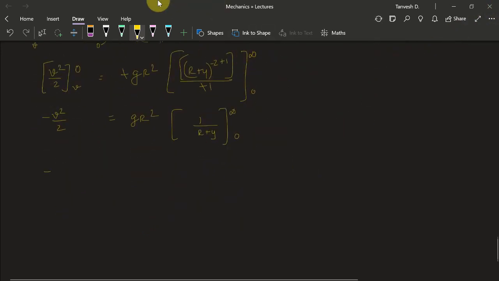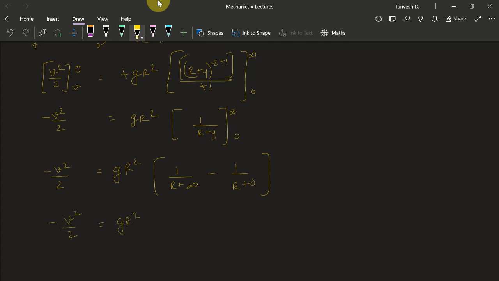So we have minus v square by 2 is equal to g r square, 1 upon r plus infinity minus 1 upon r plus 0. So this is v square, minus v square by 2 is equal to g r square. This term will become 0 into minus 1 upon r, right? This is what we'll get.